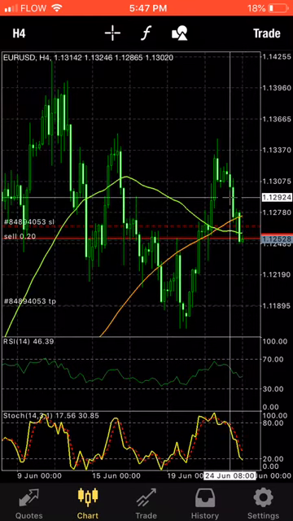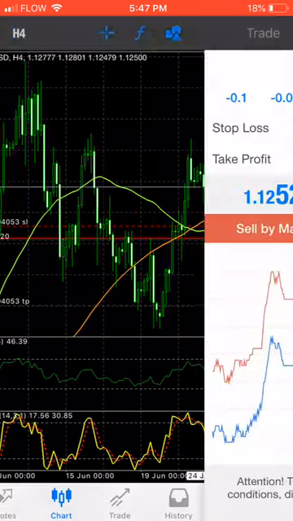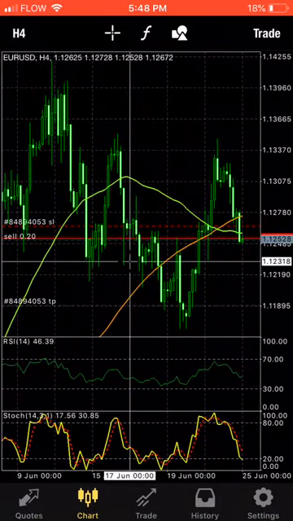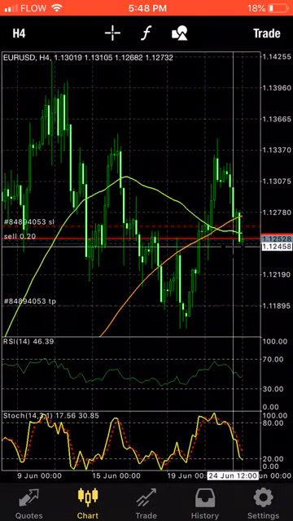Just open up an initial trade on the smallest lot size, 0.01. Say you hit sell because you're expecting it to go down, then go right back into that trade and close it immediately. That will show you a profit or a loss.